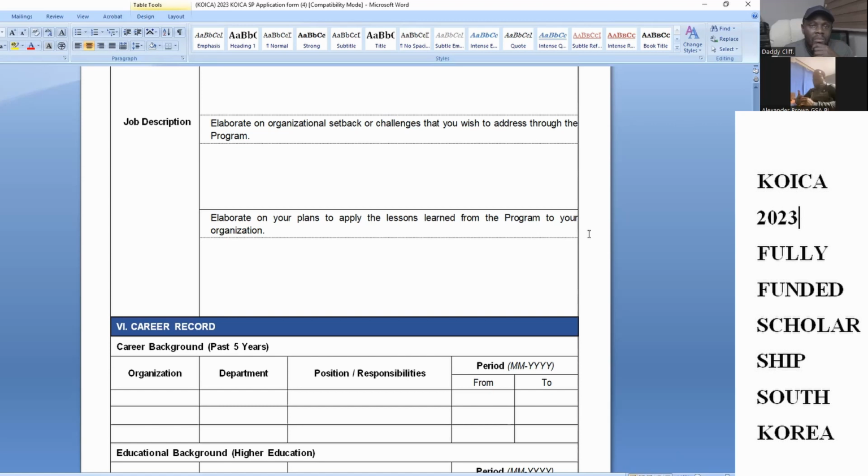When you are given the opportunity to come to Korea, KOICA expects that after the program you go back and make changes in your organization or your country. So you need to draw up a plan and show KOICA how the skills and knowledge that you are going to acquire, you are going to implement them in your country.